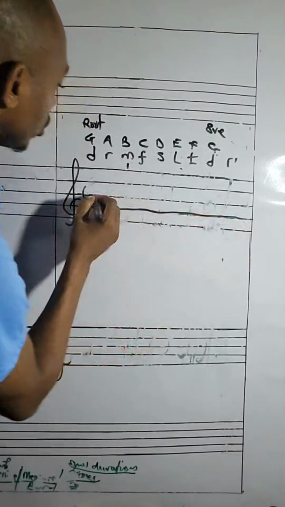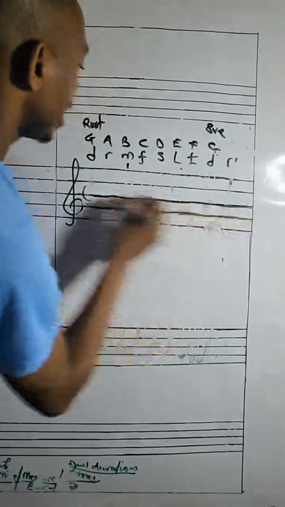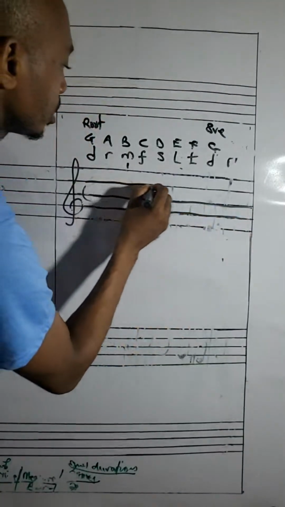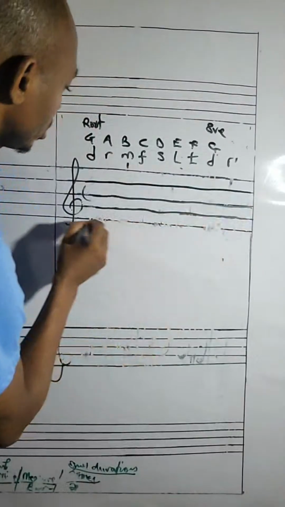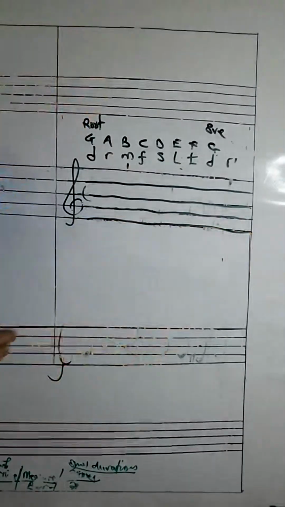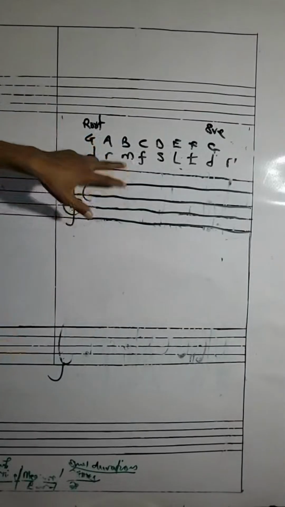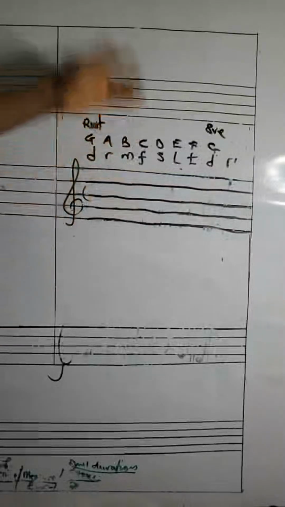Your do is your G. So my do will always be on the line. I have here do as G. Re is your what? A. Mi is your B. Like that.